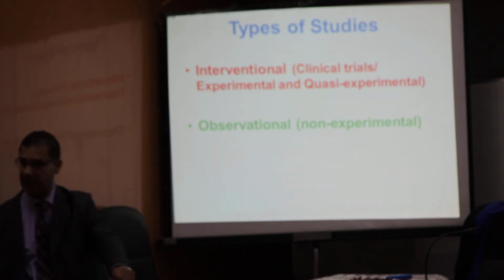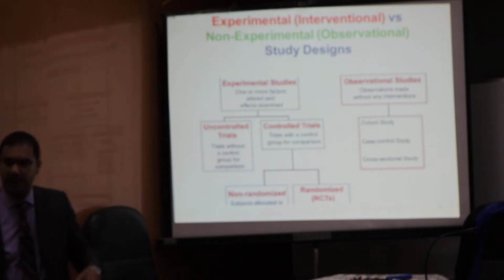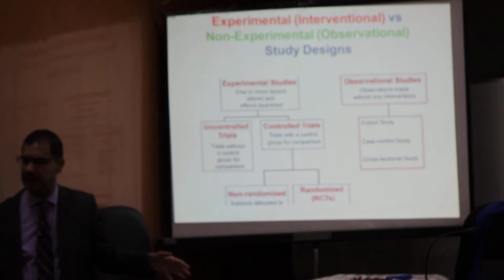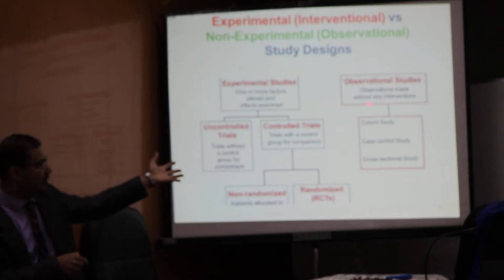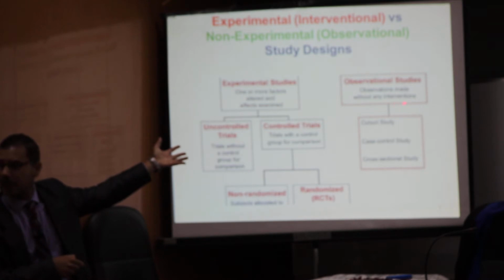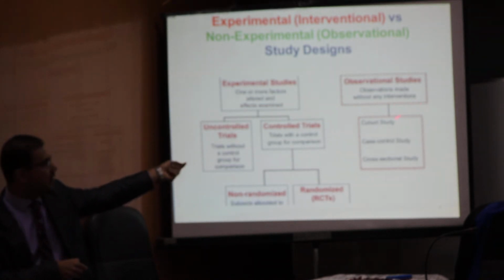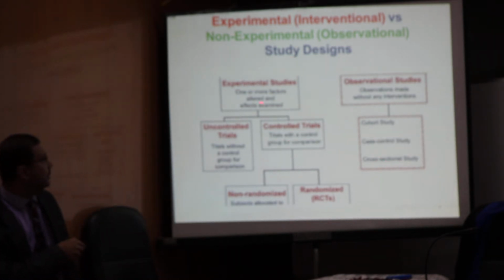We also call it non-experimental. This chart summarizes the types of studies available, either experimental or observational. Observational is really common in what we call social science. It's either cohort study, case control, or cross-sectional. I will talk about this briefly.